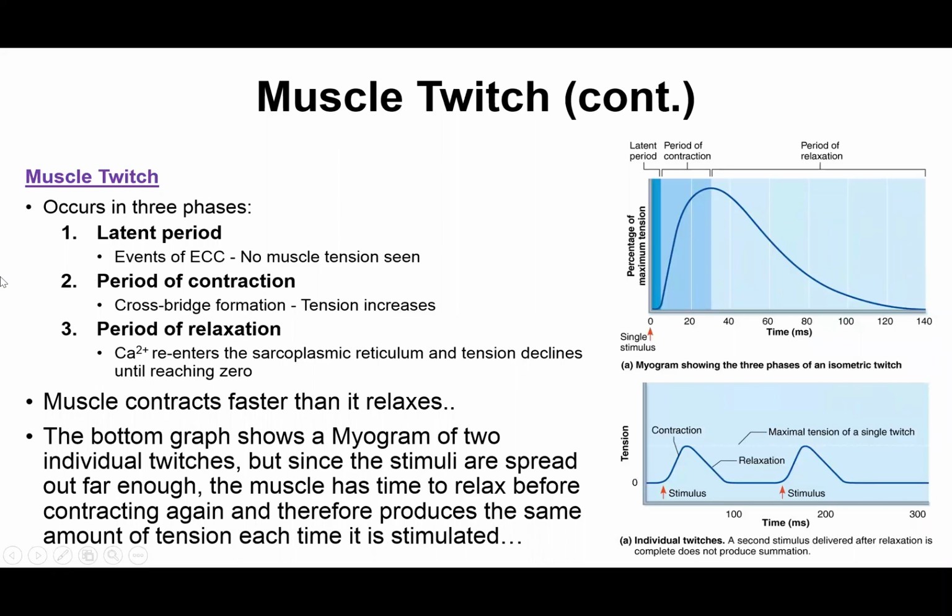The muscle twitch itself occurs in 3 phases. So the first phase is the latent period.